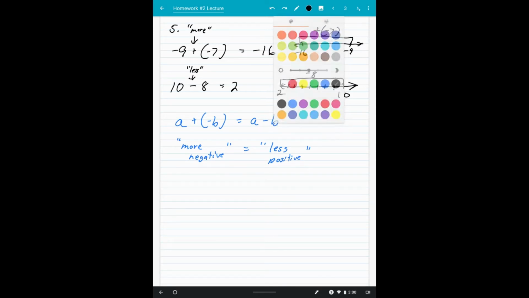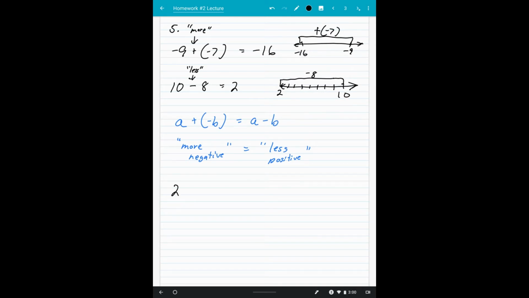What if we have something like 2 minus -3? Here, 2 minus -3, if we think about it on a number line, we start at 2. Remember, minus means less, so we're making it less negative. When we make something less negative, think about paying off credit card debt or something.